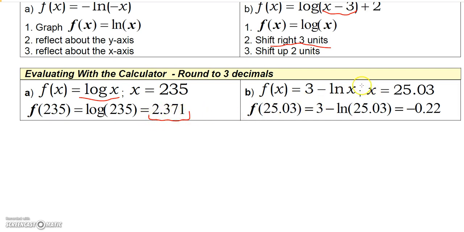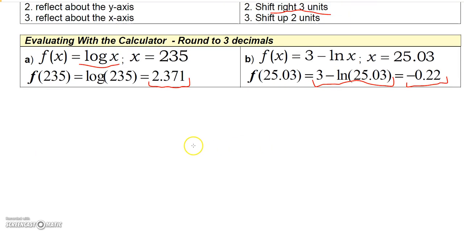And then make sure you can evaluate this function at 25.03 and get the same answer I got here. You just take 3 minus, grab the natural log key on your calculator, plug in 25.03, and evaluate 3 minus the natural log of 25.03, and you get negative 0.22.